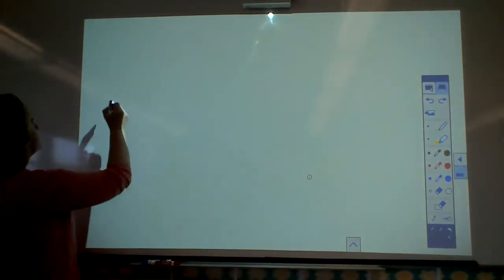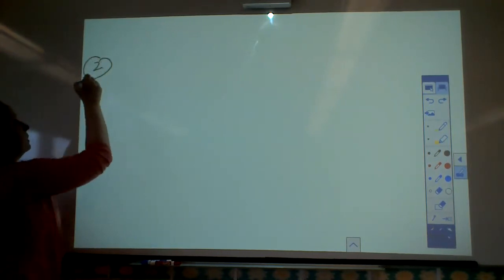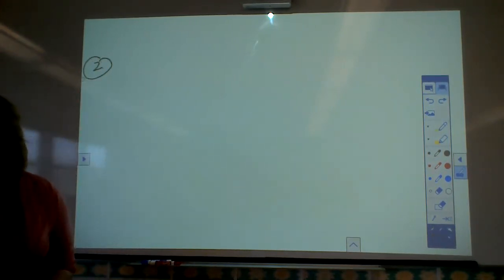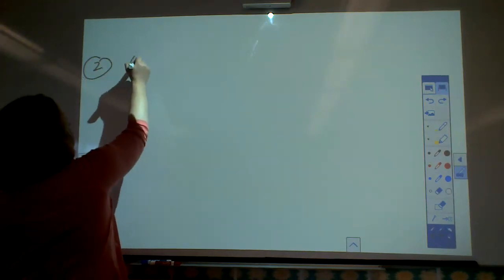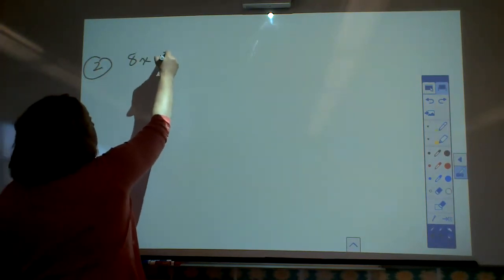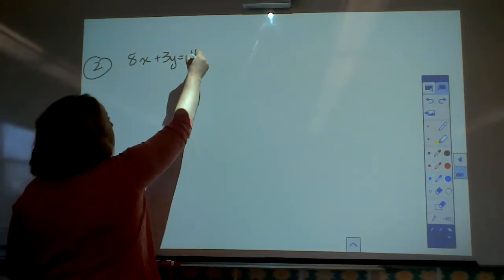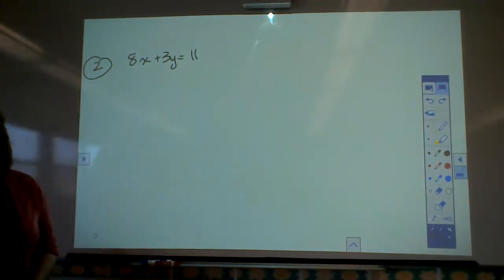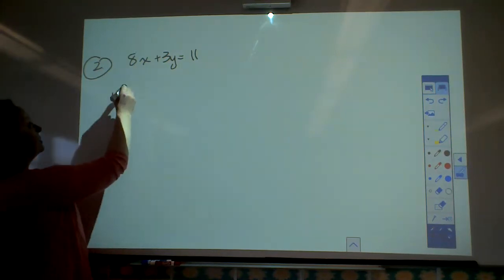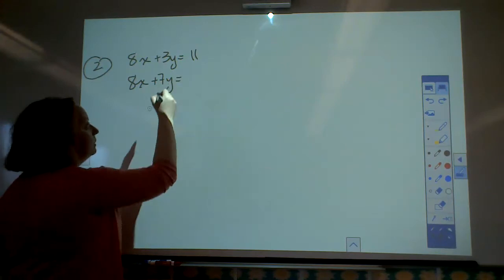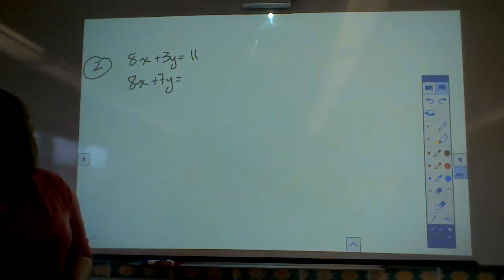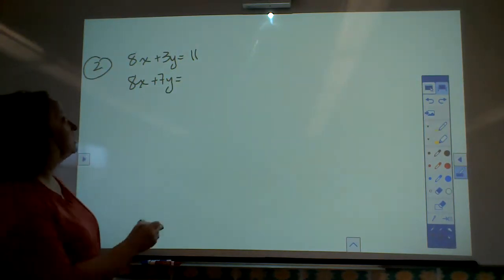Our second example here, we have 8x plus 3y equals 11. And then we have 8x plus 7y, and that's equal to 7.